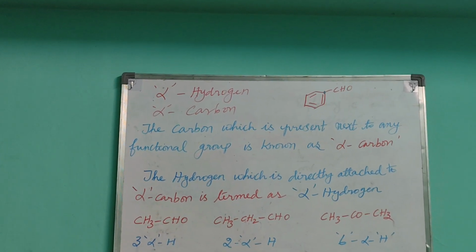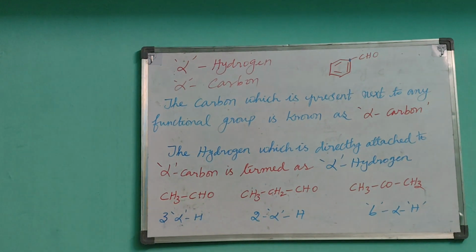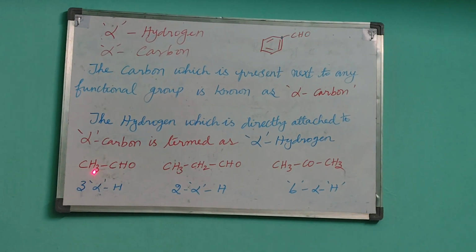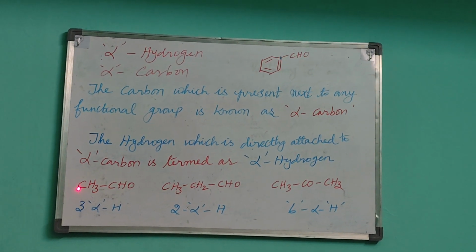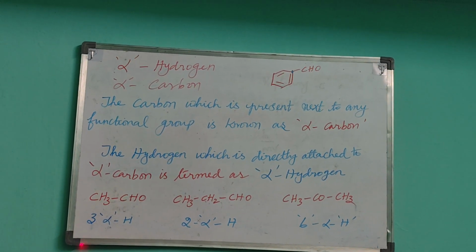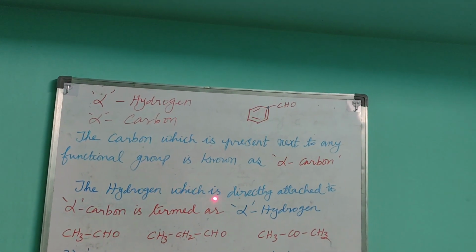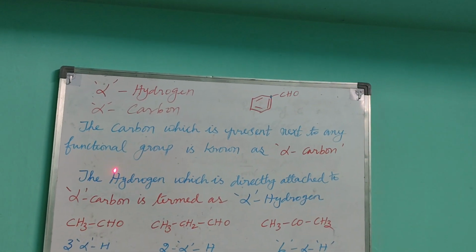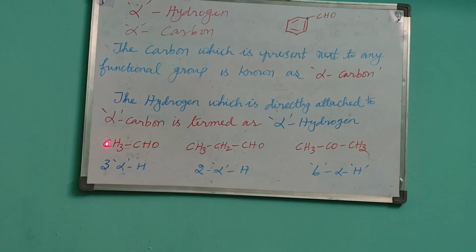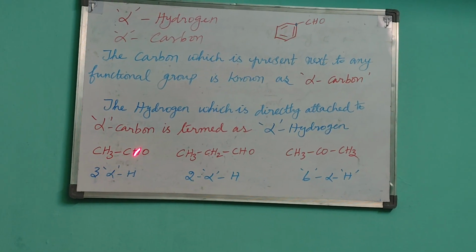So here in the first structure this is the alpha carbon, and it is directly attached to these three hydrogens. Therefore these three hydrogens are termed alpha hydrogens. To this alpha carbon three hydrogens are attached, which means there are 3 alpha hydrogens in its structure.